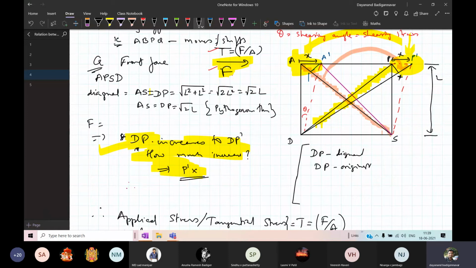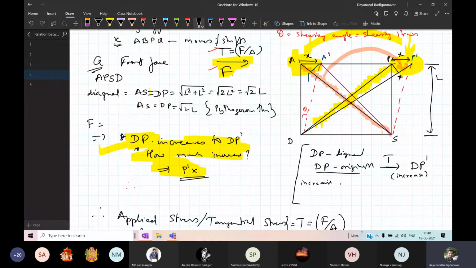When you apply the stress, it gets increased to dp dash. So the increase is p dash x, this is the increase in the diagonal. dp is the original length, and by applying the stress T it gets enhanced.